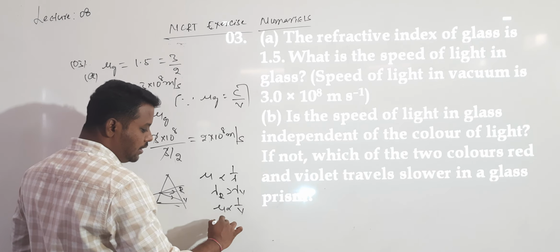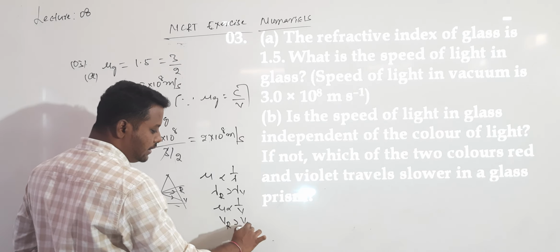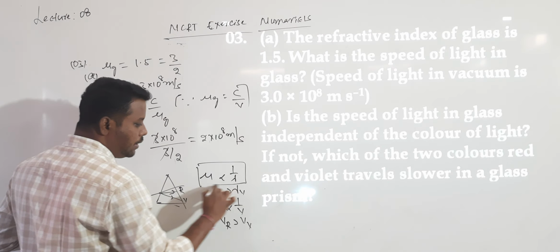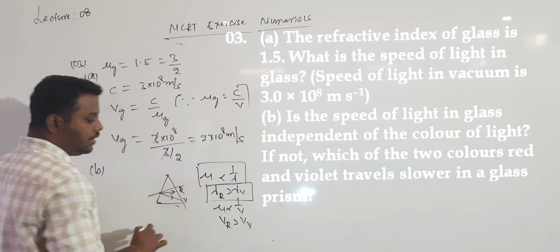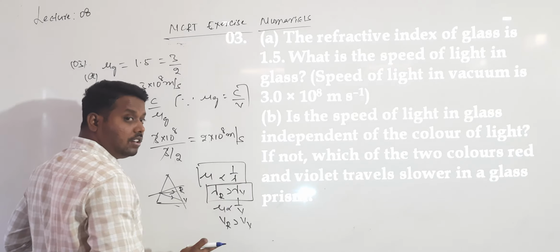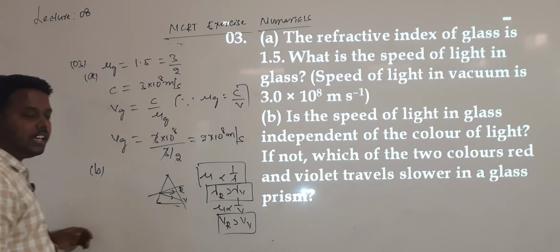And refractive index is inversely proportional to velocity. So due to that reason, velocity for which color? Red color is more than the velocity for which color? Violet color. You know this, mu is inversely proportional to lambda. So lambda r is greater than lambda v, and mu is inversely proportional to v. Since v is directly proportional to lambda, which color of light will travel fast?